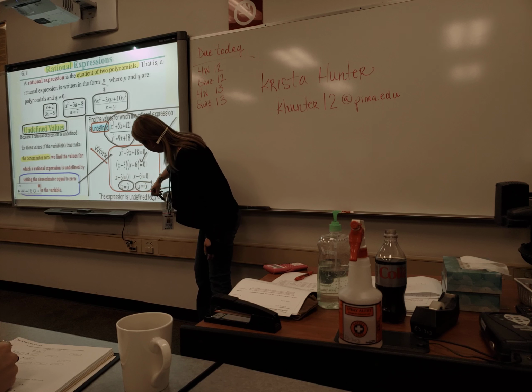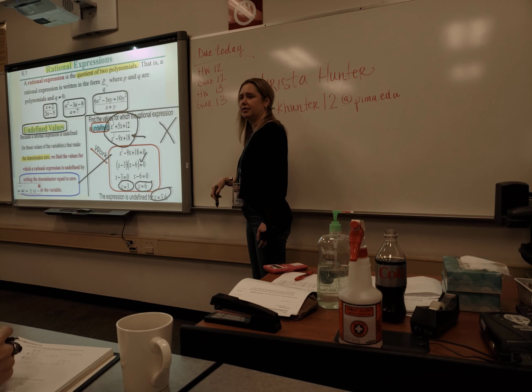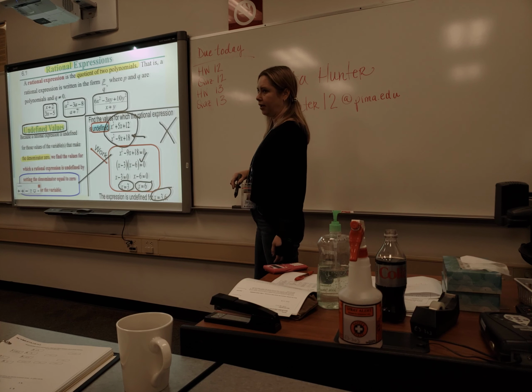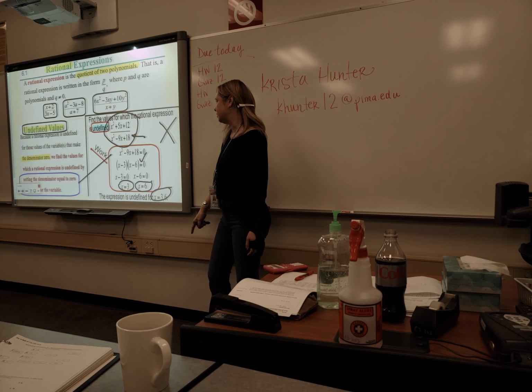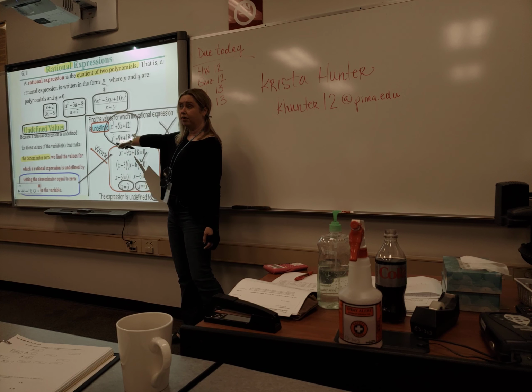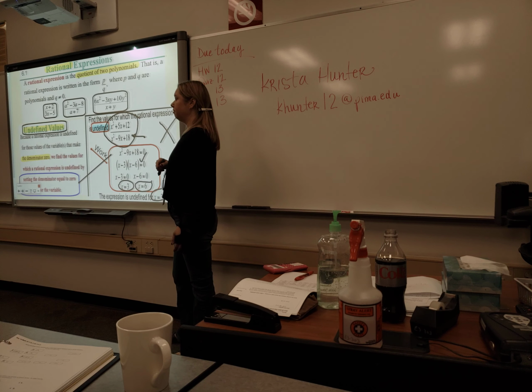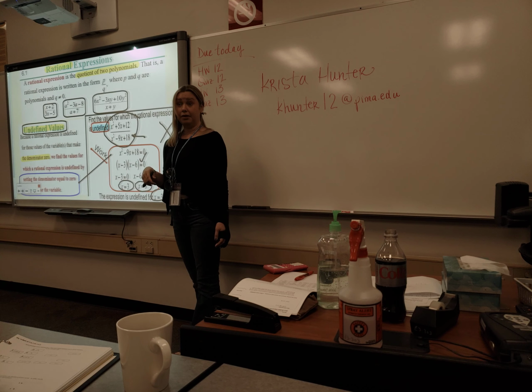So that's your answer. What values of x make this expression undefined? These values of x will make this 0, and therefore the whole thing is undefined. Does that basically just find out what x can't be in an equation? Correct. It's not allowed to be.